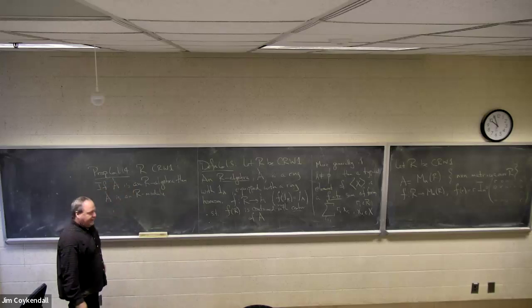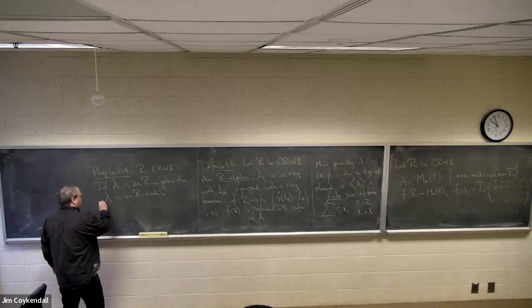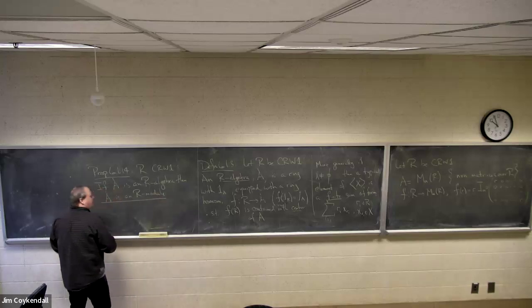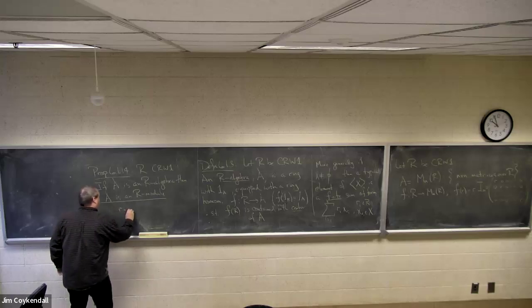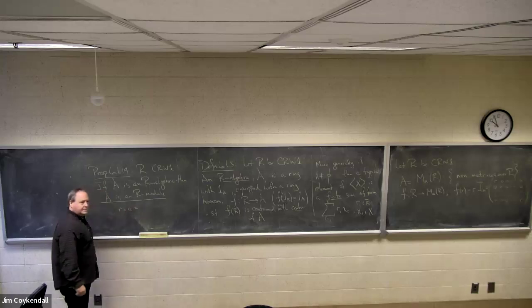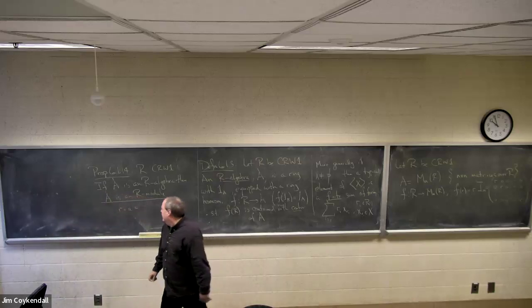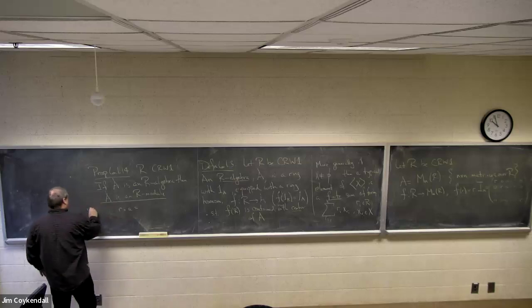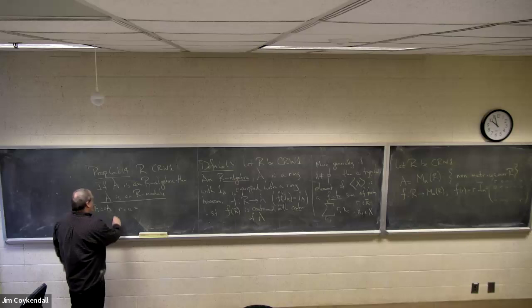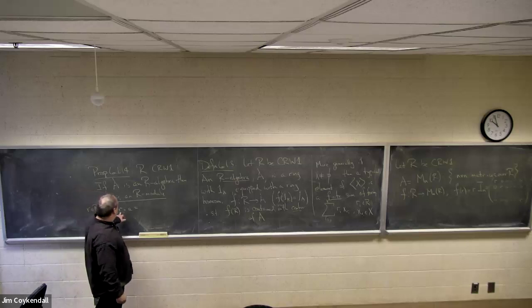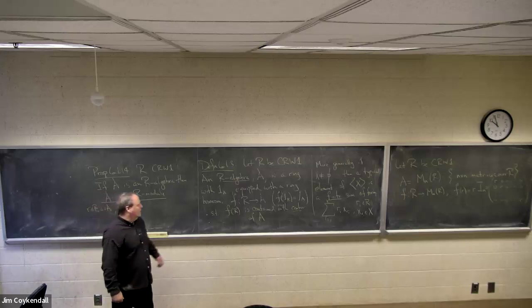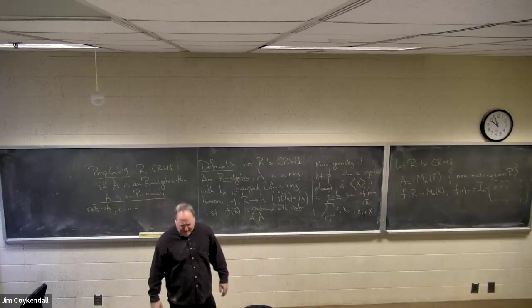Now, the trick is, see if you can prove this, but how is the R-module going to work? If r is in R and a is in A, I have to intelligently design what a scalar r times a is going to be. How am I going to do that?